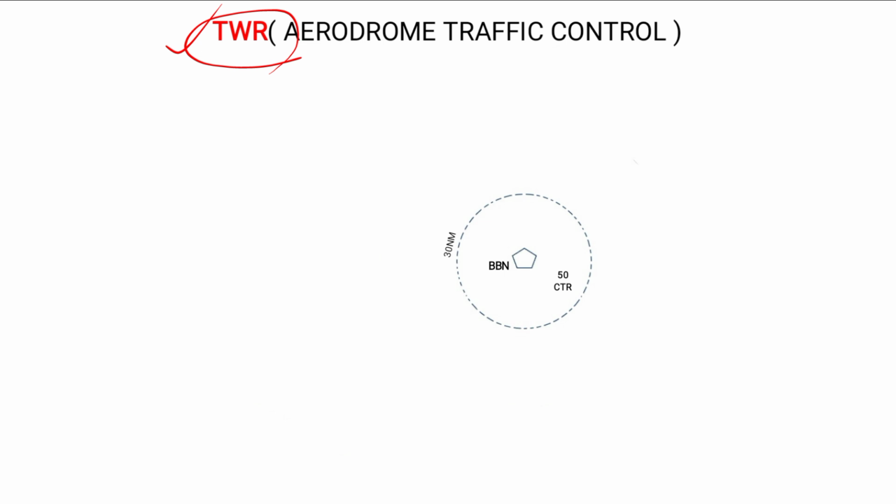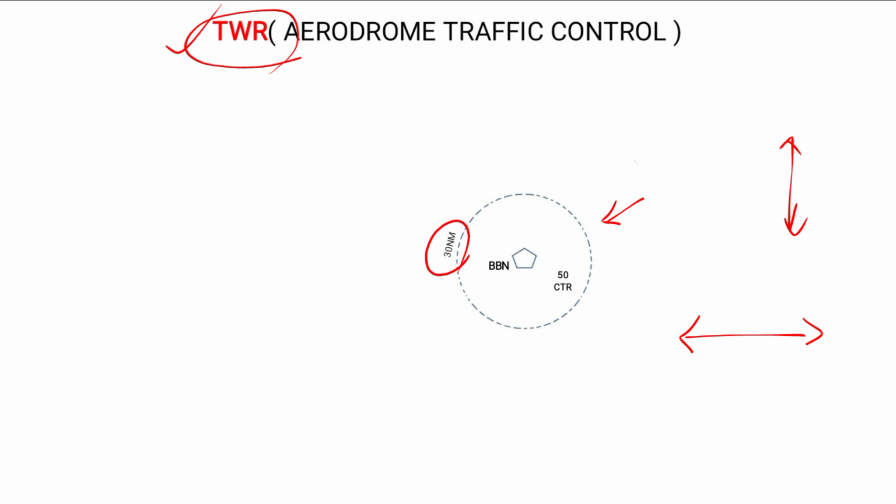On the map there will be a dotted circle, which indicates an airspace. The first circle around a VOR indicates the airspace of tar. That airspace will have a horizontal dimension as well as a vertical dimension. The horizontal dimension will be given somewhere near the dotted line.